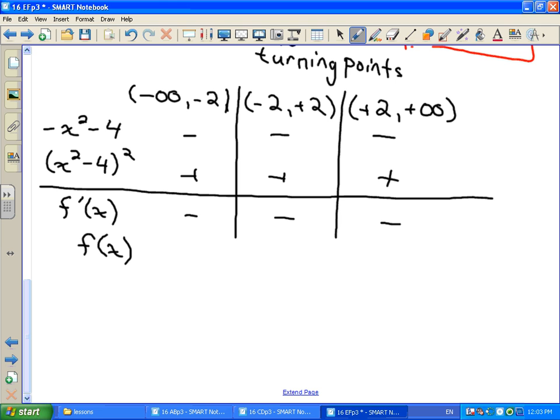What does that tell us about our function? Well, it's going to be decreasing, decreasing, decreasing. So it's always decreasing. This is consistent with the fact that we don't have any turning points. If our function is always decreasing, it never changes from increasing to decreasing or vice versa, so we don't have any turning points.